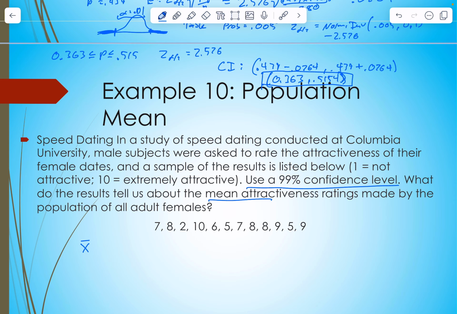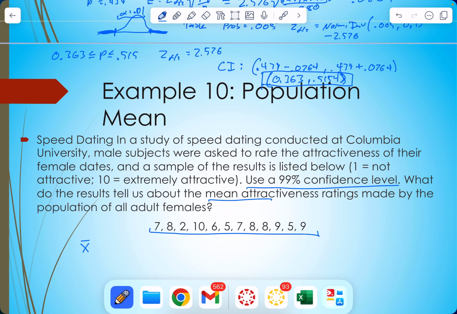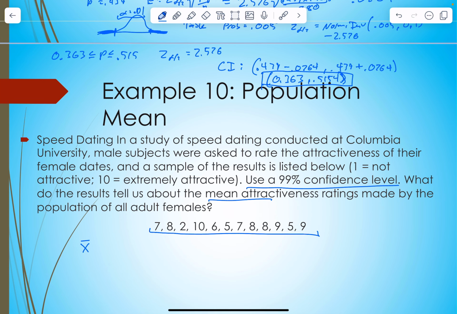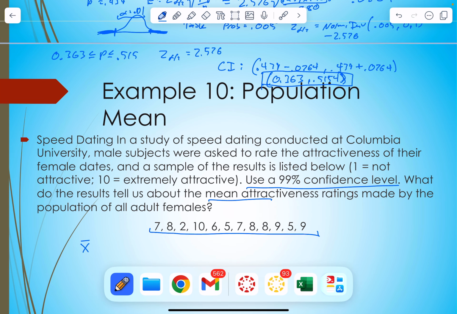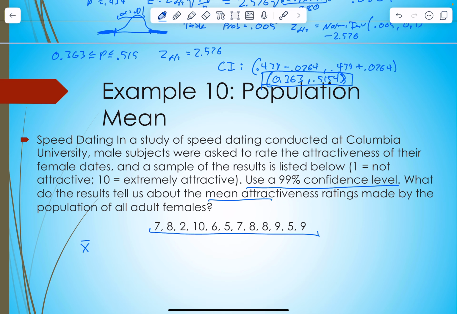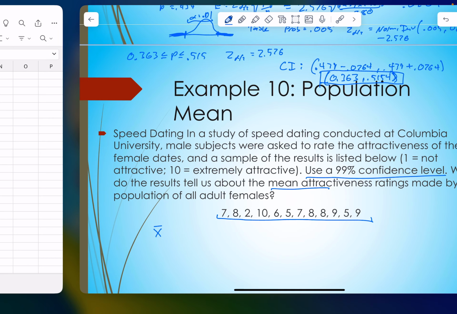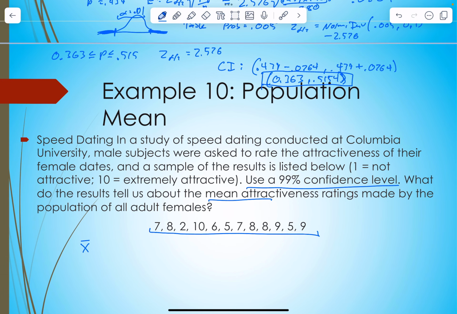So I need x bar, which is going to be the mean of this sample, which I'll go ahead and put into Excel, because I'm going to need a standard deviation as well, which I do not want to have to compute on my calculator. Okay, let's see what we've got here.